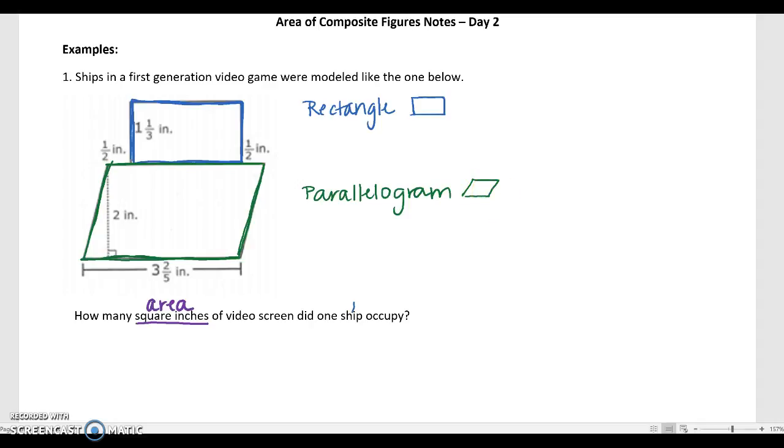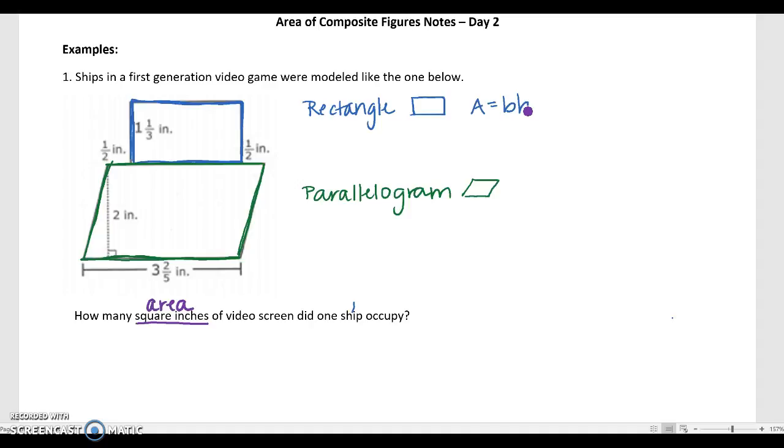Okay, so I'm gonna now look at my formula chart and find the formula for a rectangle. So my formula chart says that for a rectangle, area equals BH, so base times height. So I'm gonna go here and let's see, I don't see a dimension for base. So what I know is that the top of this parallelogram is going to be equal to the bottom of the parallelogram, right?